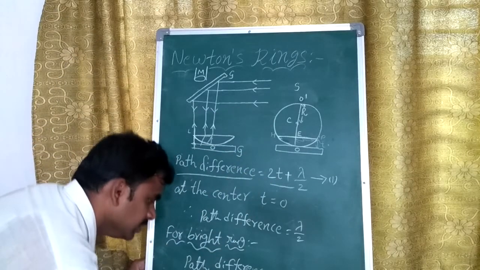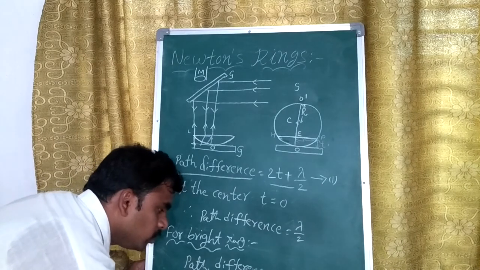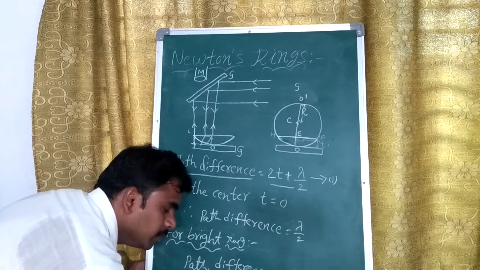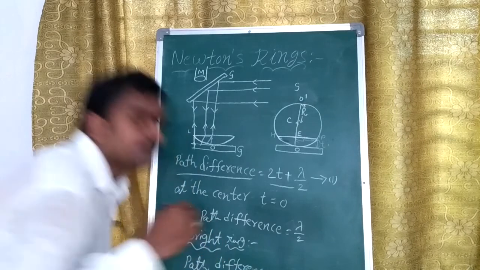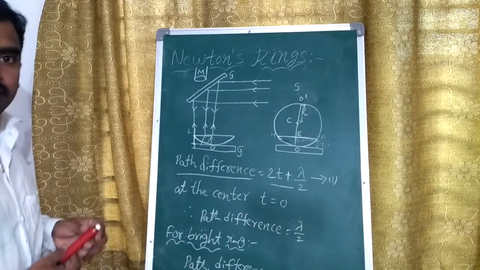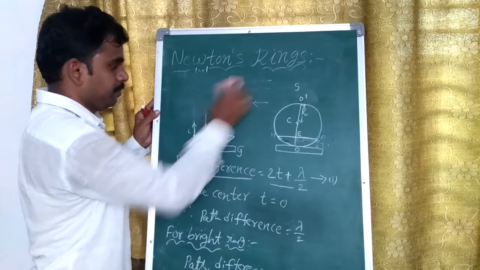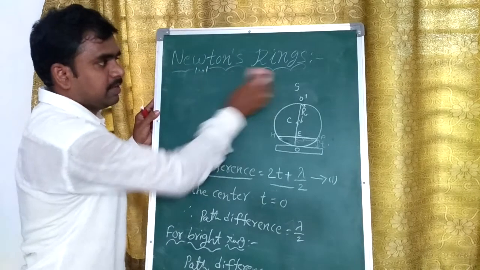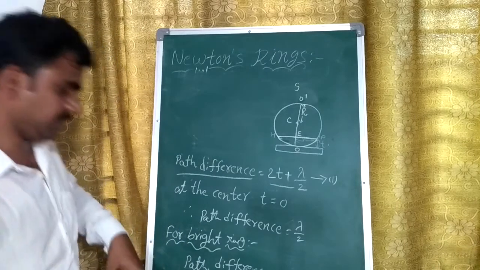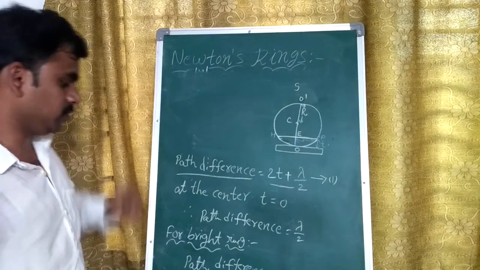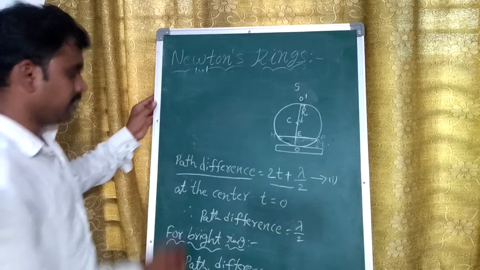The path difference is 2t plus lambda by 2, and that equals n lambda.